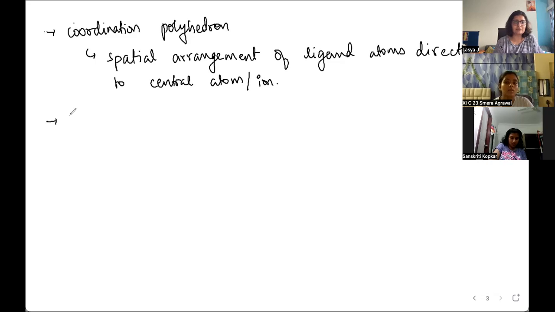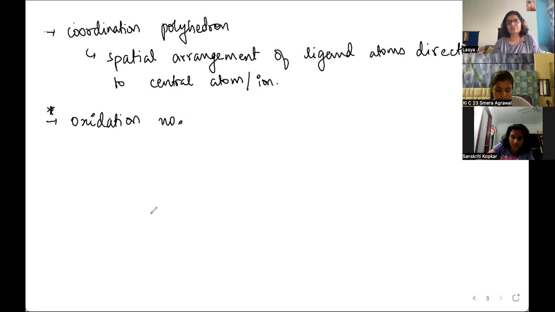This one is again quite important: oxidation number. We had already studied oxidation number earlier. Do you remember the concept around it? This is the actual charge carried by the central atom or ion. If it carries a charge, call it an ion, otherwise it's an atom.